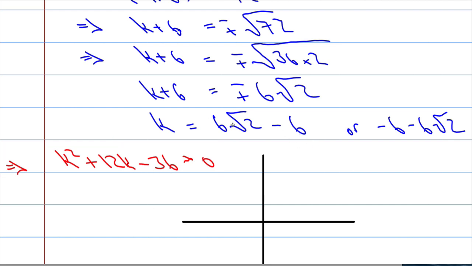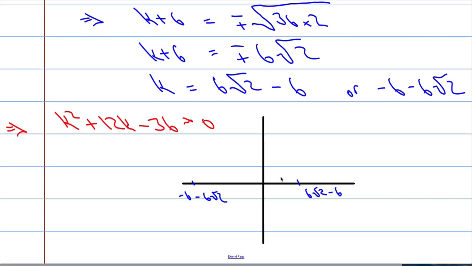These are our solutions. Now let me have a think about this. 6 root 2 subtract 6. Well, root 2 is bigger than 1. So 6 times something that's bigger than 1 is going to give me an answer that's bigger than 6, which means that this part is positive. I'll call that 6 root 2 subtract 6. Negative 6 subtract 6 root 2 must be negative.